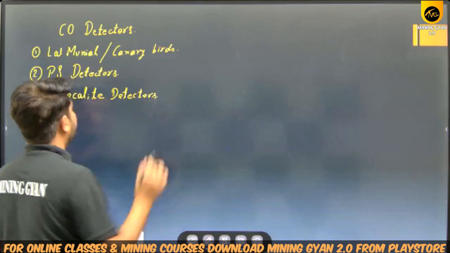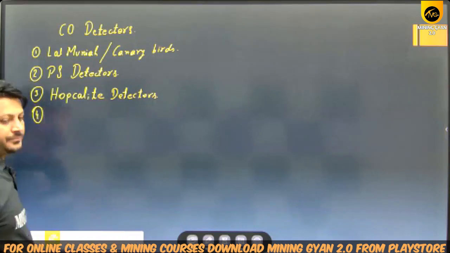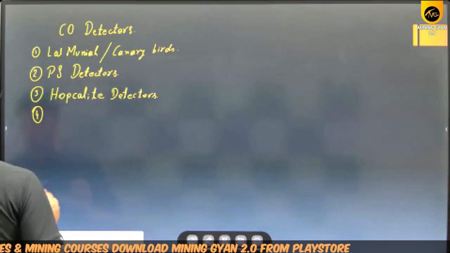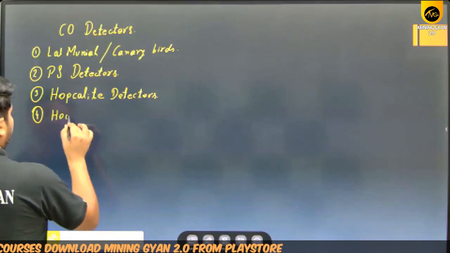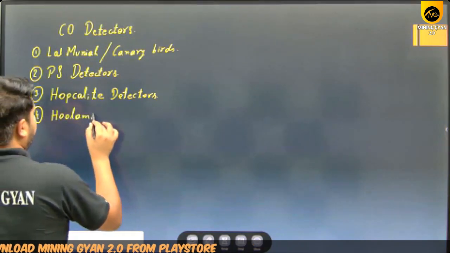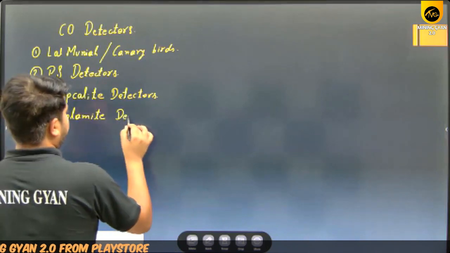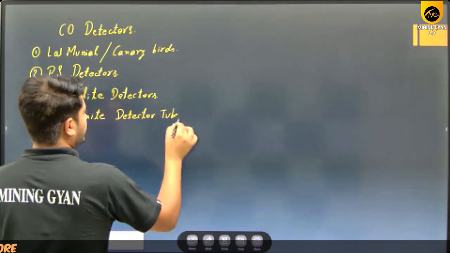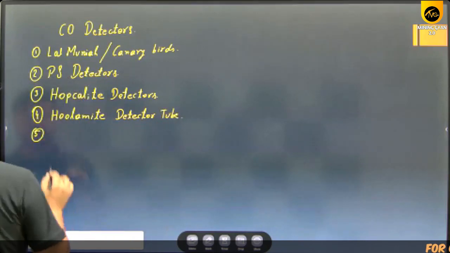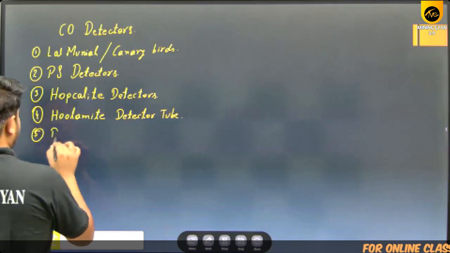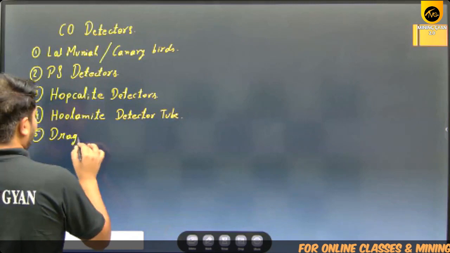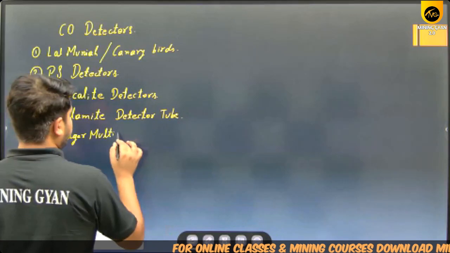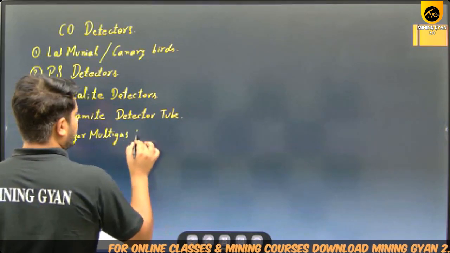Fourth one is हुलामाइट डिटेक्टर ट्यूब. Fifth one is ड्रैगर मल्टी गैस डिटेक्टर.